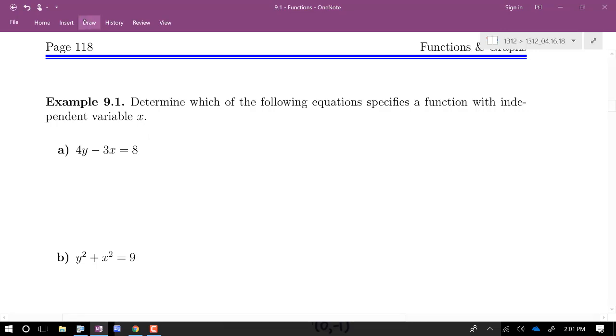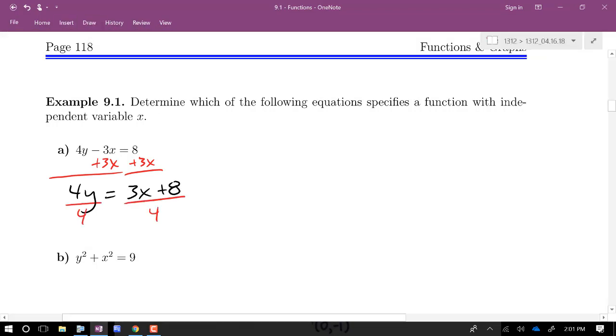So if we added 3x to both sides, we get 4y equals 3x plus 8. Then we could solve for y, and we get y is equal to (3x plus 8) over 4.